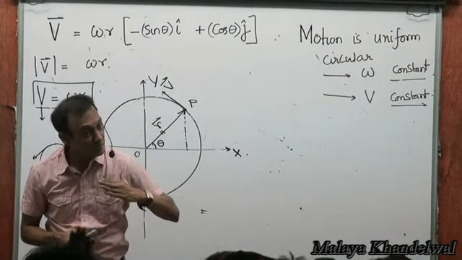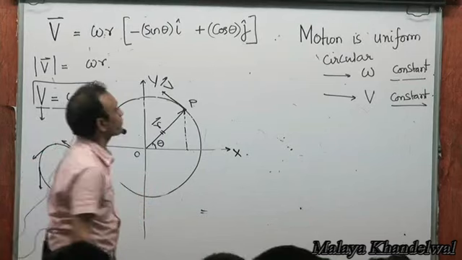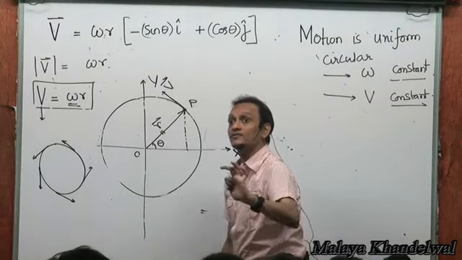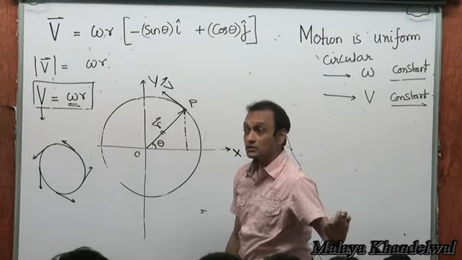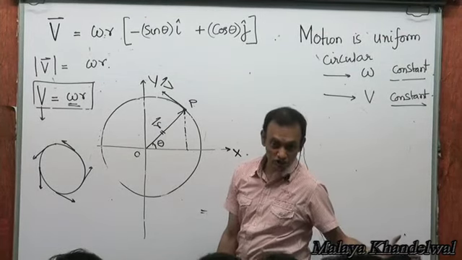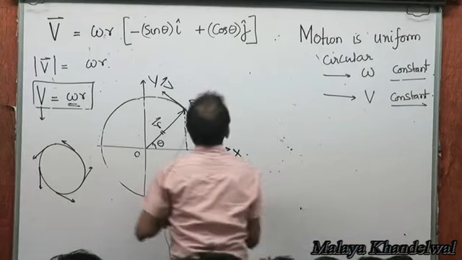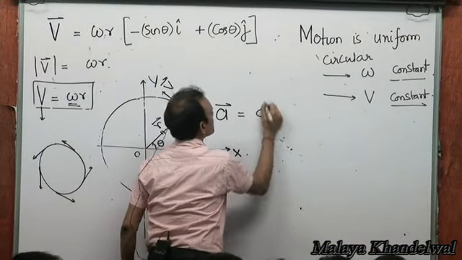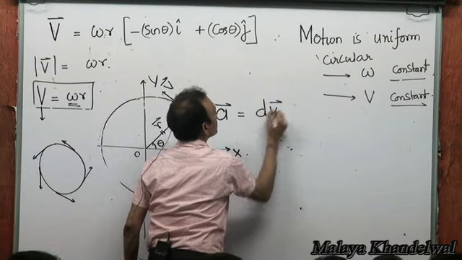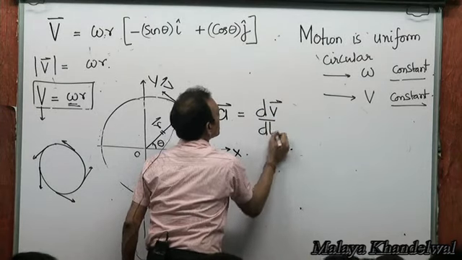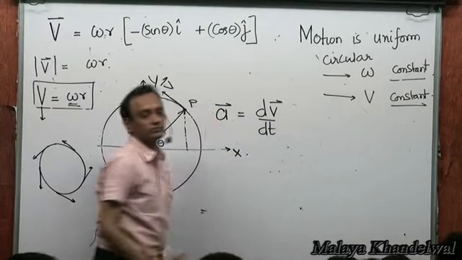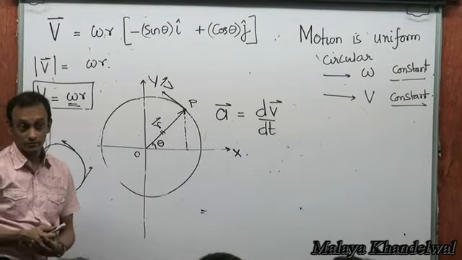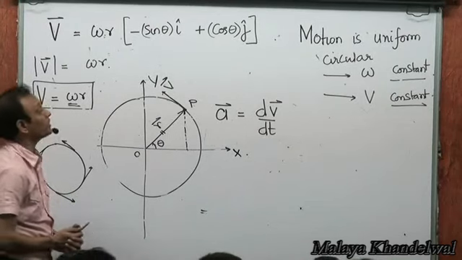Even though the magnitude of v could remain constant, the particle will be deemed accelerated because the direction of v is changing with time. So the acceleration vector of the particle in this case is dv dt. That's the rate at which linear velocity changes with time. That's the acceleration of the particle.